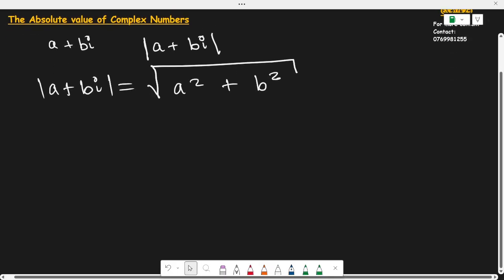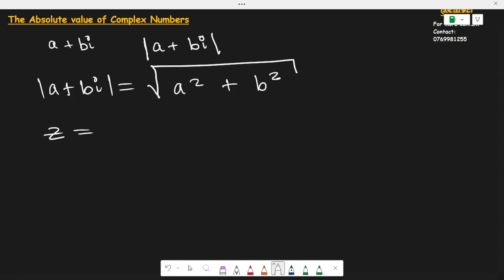So let's put this into context. Let's say we had, for an example, z equal to 3 plus 4i, and we are asked to find the absolute value of z. Basically, we have been asked to find |z|.